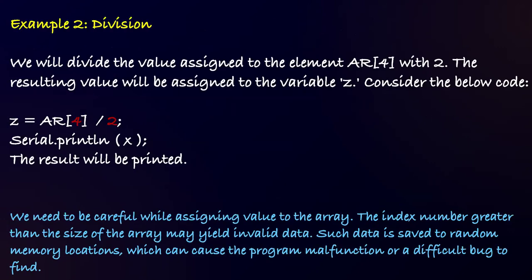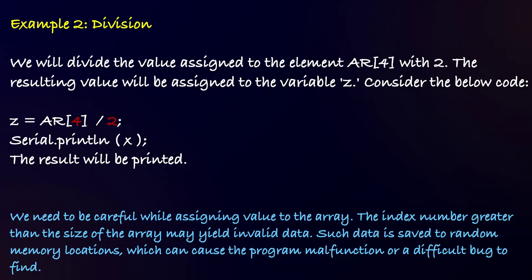Example 2, division. We will divide the value assigned to the element ar[4] by 2. Very simple. The resulting value will be assigned to the variable X or Z, whatever you say. Consider the below code. Say Z = ar[4] / 2.